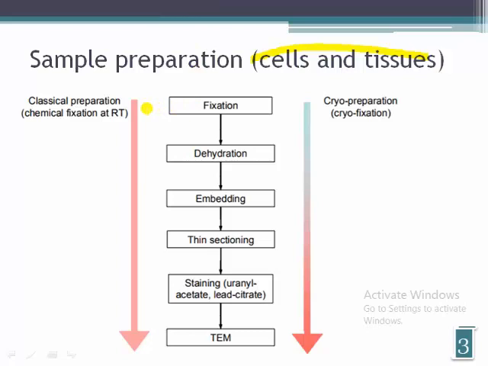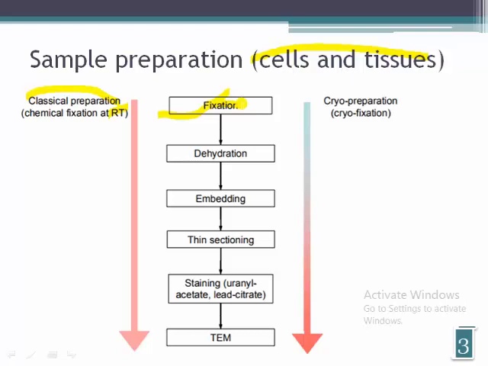So first, if we look at the classical preparation pathway, it is done at room temperature. First step is fixation. Fixation means chemical fixation. In this first step, we will fix our sample by applying a chemical.